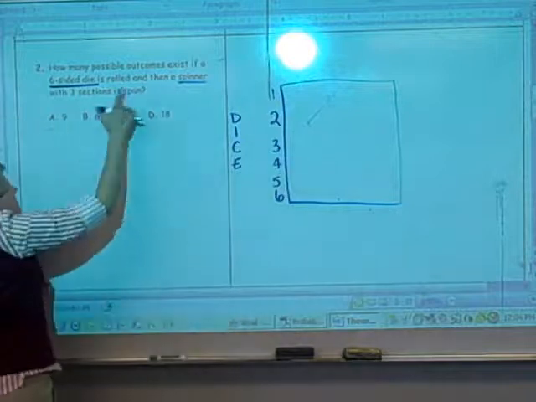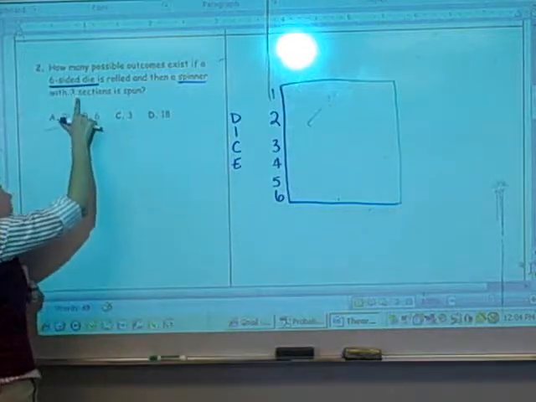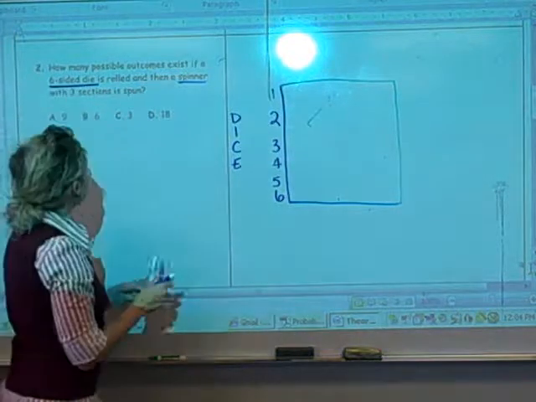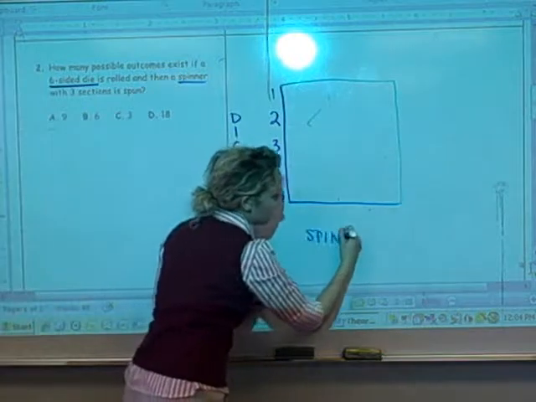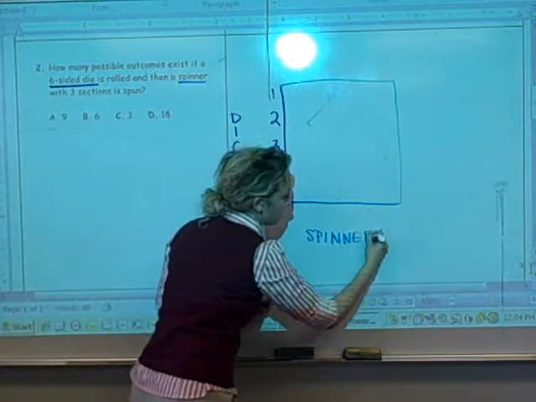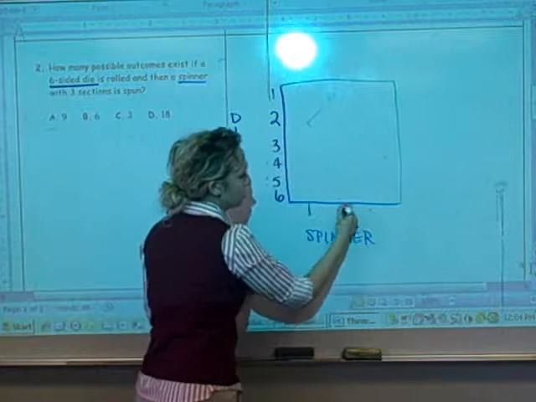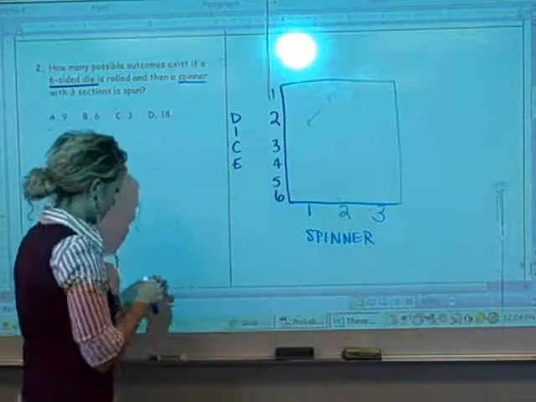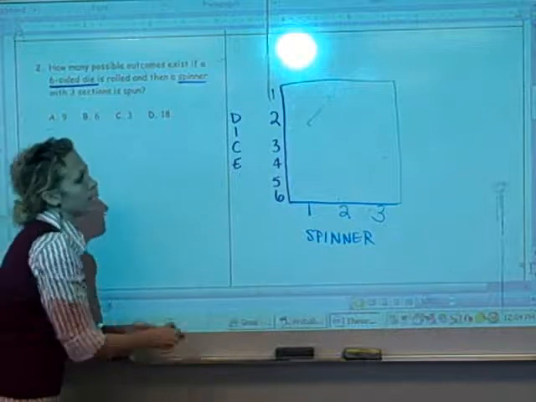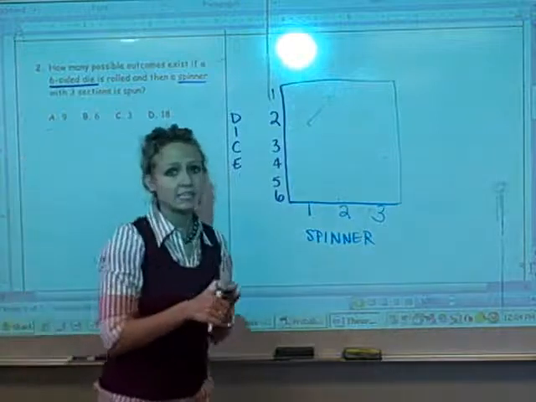Okay, now when they tell us the spinner with 3 sections is spun, I'm just going to say spinner down here with 3 sections. Section 1, Section 2, Section 3. Okay, now if you have Mrs. Hardy in class, she'll say you need to slice and dice this.